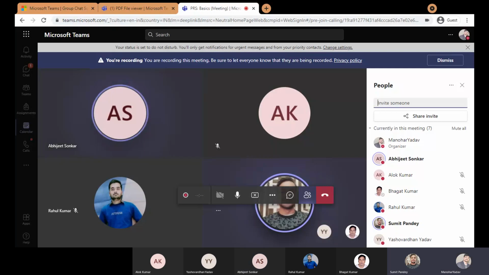Abhijit, carry on. So larger wavelength has less energy, and shorter wavelength has more energy. Correct.